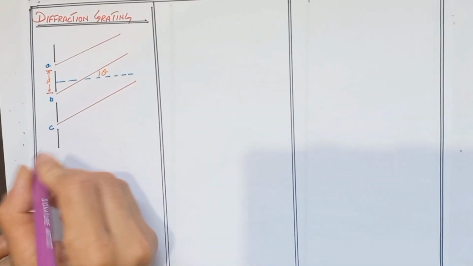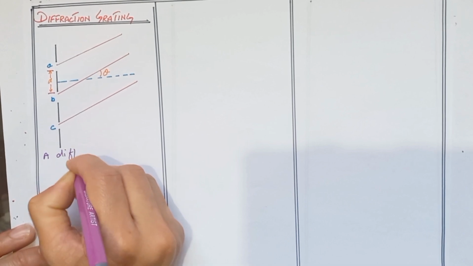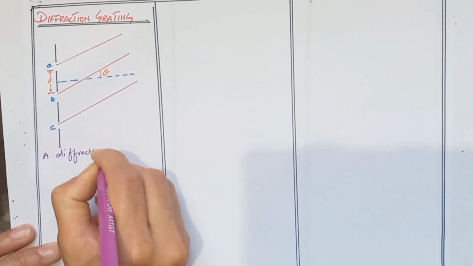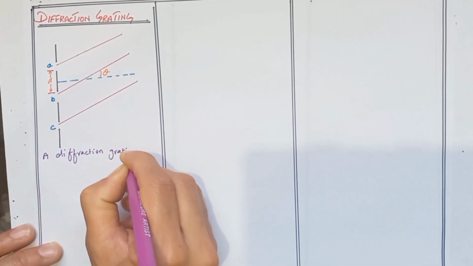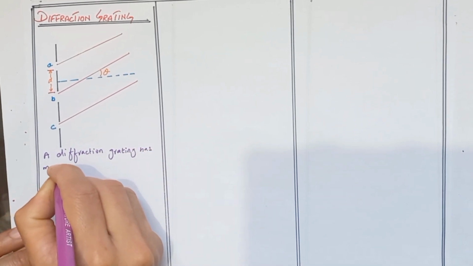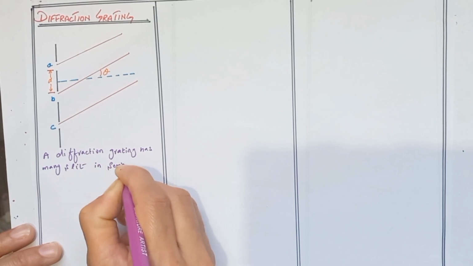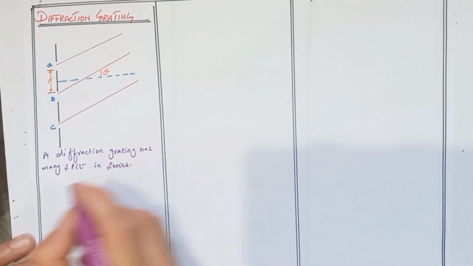So here we write: a diffraction grating has many slits in series.